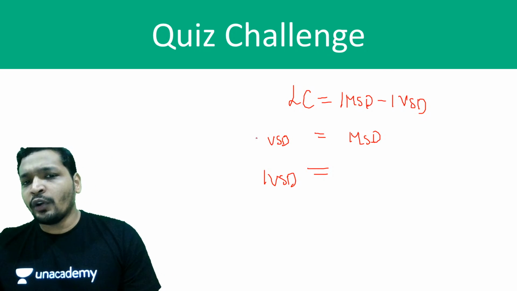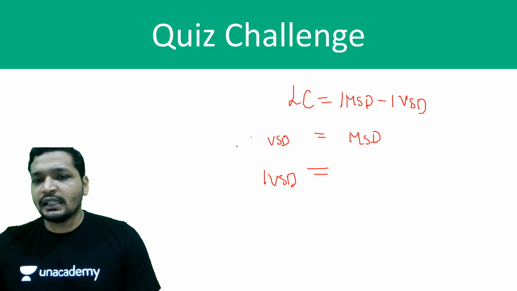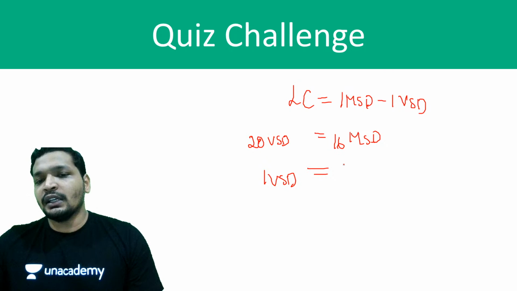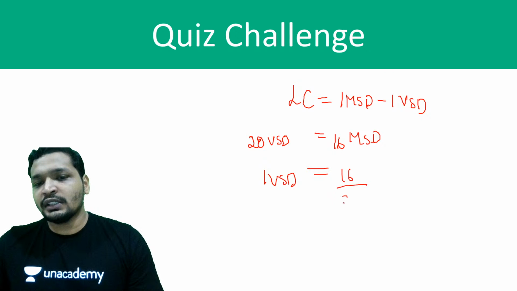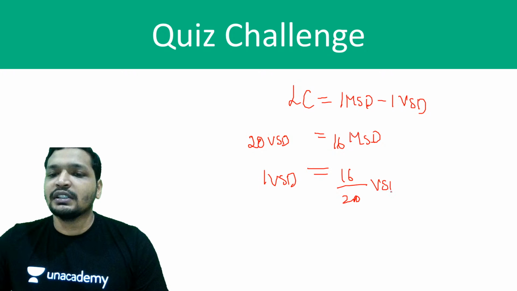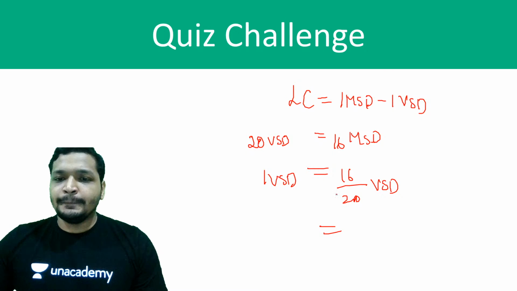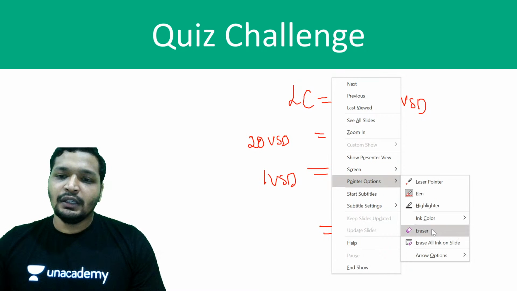So take care of the volume part. I'm just talking about the quiz as well. So 20 vernier scale divisions are equal to 16 main scale divisions. So one vernier scale division is equal to 16 by 20 main scale division. And how much is that?